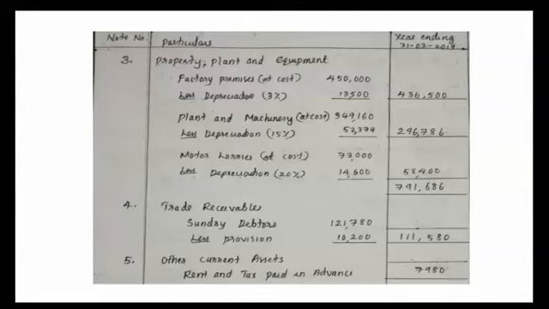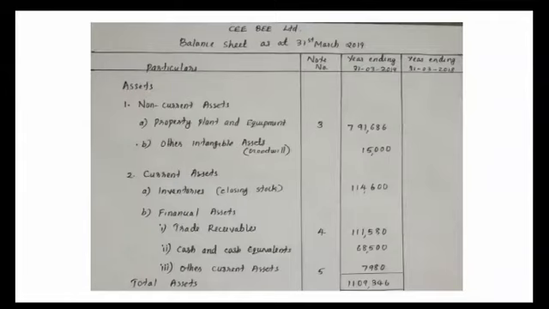By deducting 14,600 from 73,000, we get 58,400. So these are the book values of the various assets under property, plant and equipment, and the total equals 7,91,686.